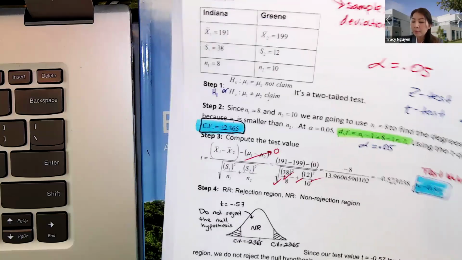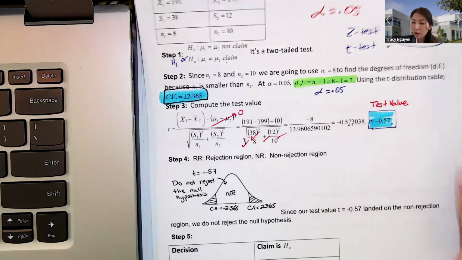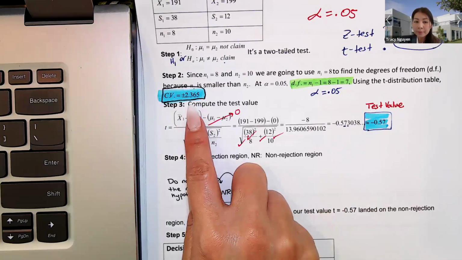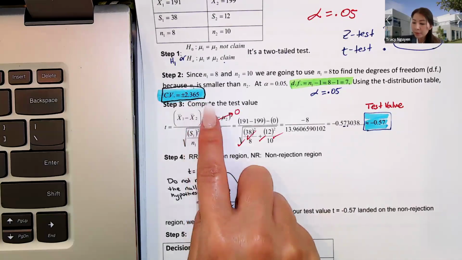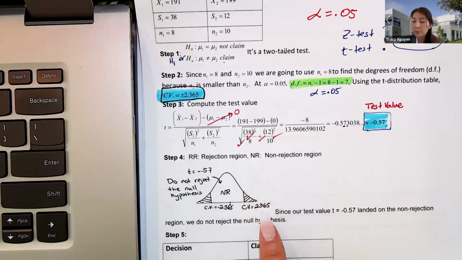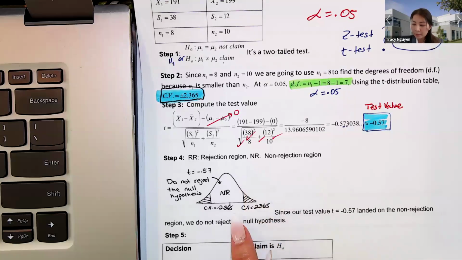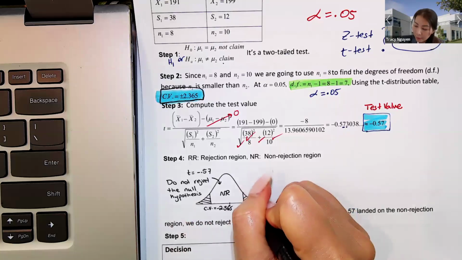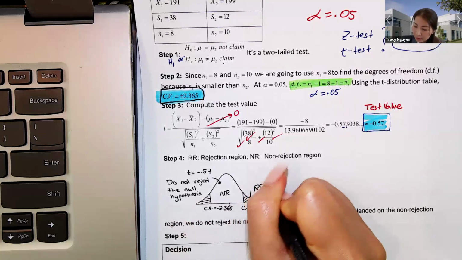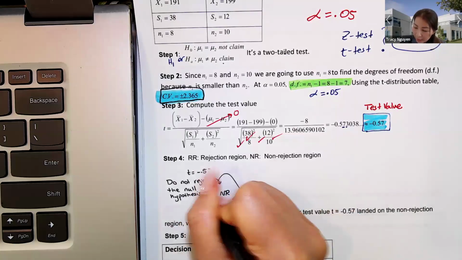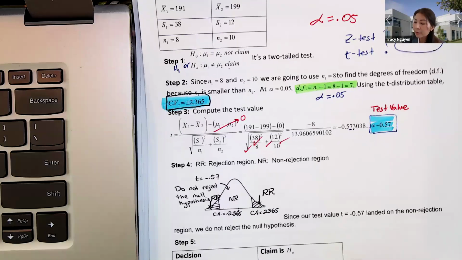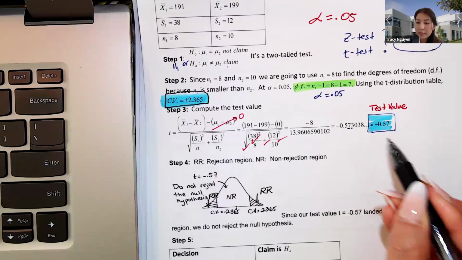So here in step 4, to make the decision, we draw a curve and mark 0 in the middle. The two critical values we found from step 2 are plus and minus 2.365. The positive 2.365 goes to the right of 0, and the negative 2.365 goes to the left of 0. As you already know, the tail parts are the rejection regions, and in between we have the non-rejection region. Now, where does our test value of negative 0.57 land?